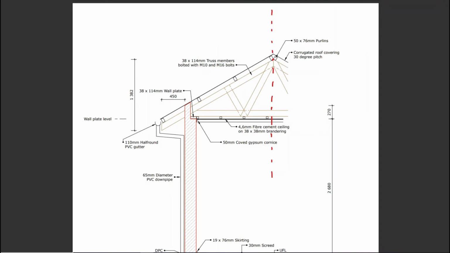And when you add your king post, you need to be very careful about how you do it. And I guess you can decide what happens at this connection. You could follow through, in which case you would need a bolt, or you could stop it short and use a nail plate.